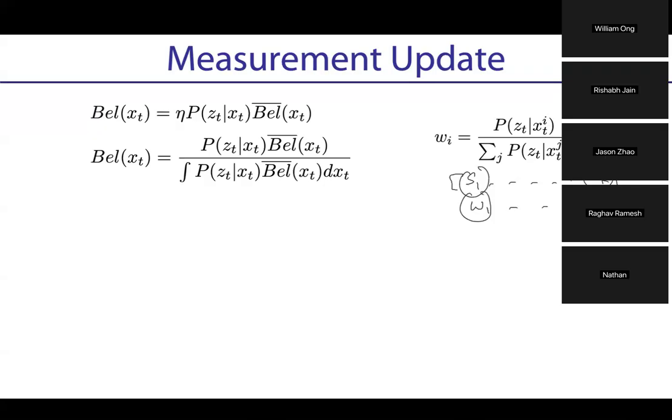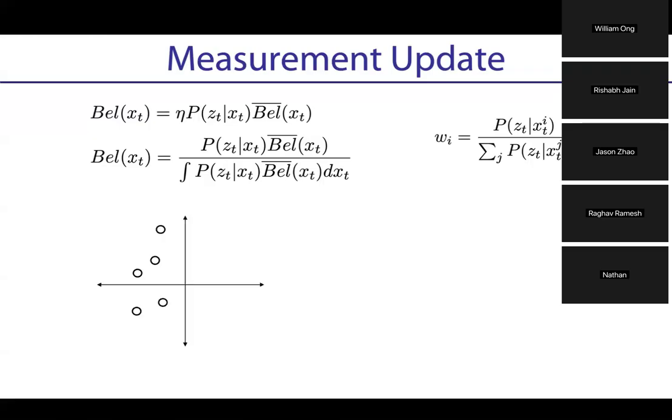And so initially we had all the weights as one, and now we're going to say, hey, you're going to take your measurement model, compute a weight, which is the likelihood of the measurement for that particle, divided by the sum of the likelihood of that measurement across all the particles, right? So let's say you had four different particles, you got some measurement, you compute this guy's likelihood, and then divide by the sum of all of them, right? So it tells you proportionally how likely was it that the measurement came from this particular state, right? And that's going to be your weight. So if you look at this thing, your weights sum up to one, right?